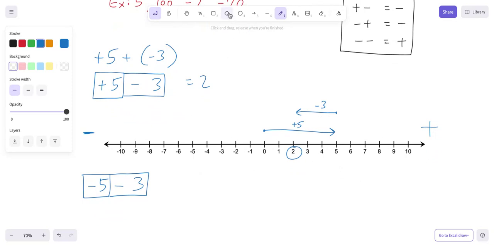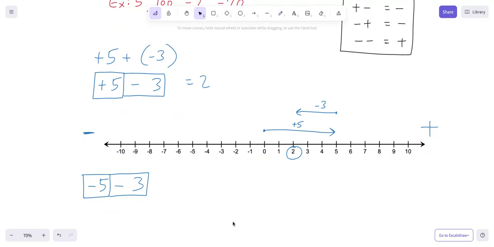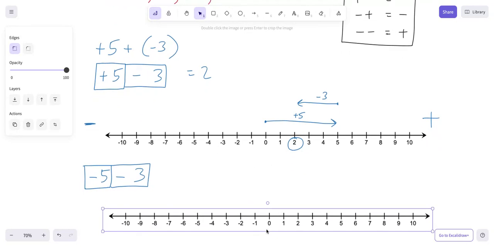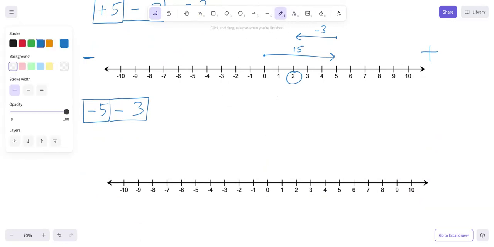So I'm going to copy and paste this number line. Again, I start at 0. My first number is -5, so I go 5 to the left, like so. My next number is -3, so I'm going in the same direction. I just go 3 more to the left. 1, 2, 3.